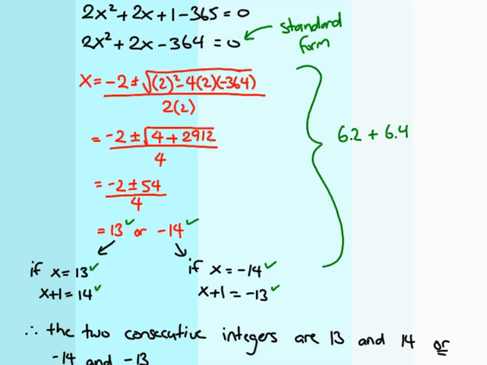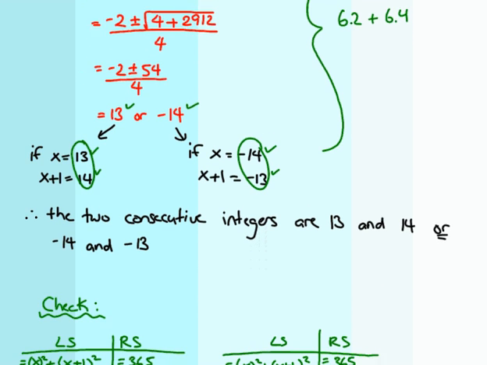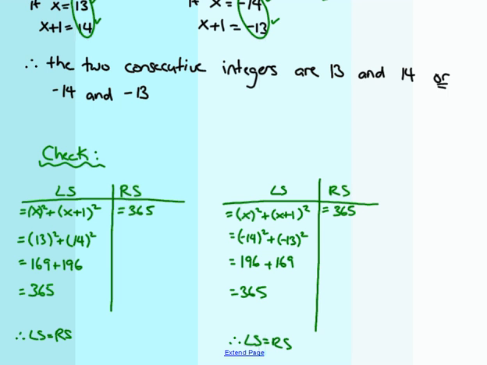These types of questions are very similar all the time in that you'll always get two numbers that are positive and two numbers that are negative, and they end up to be the same numbers all the time. All right? So your two numbers are either the first case, 13 and 14, or the second case, negative 13 and negative 14.